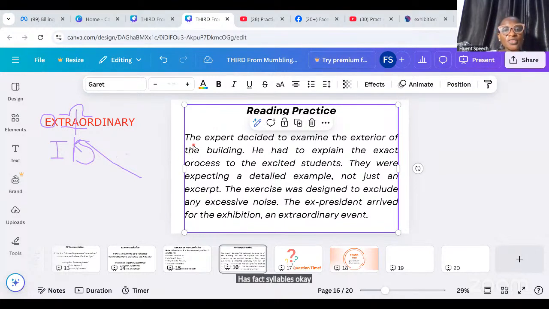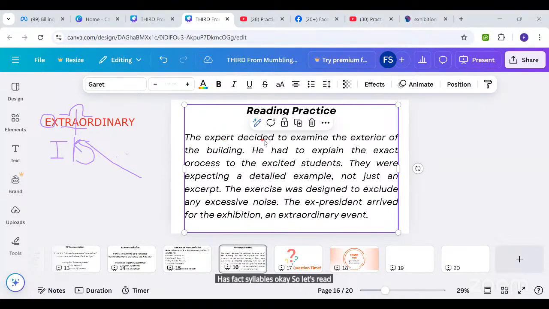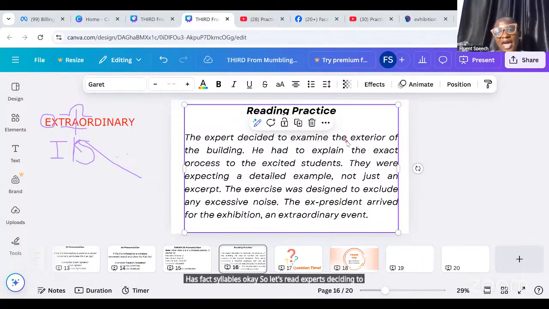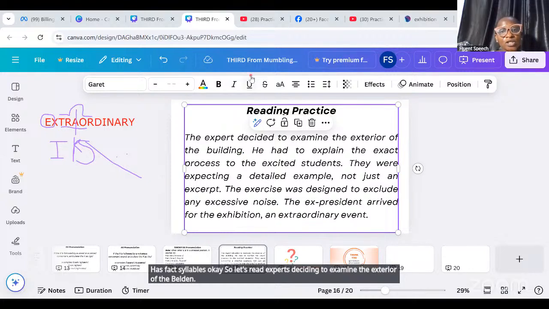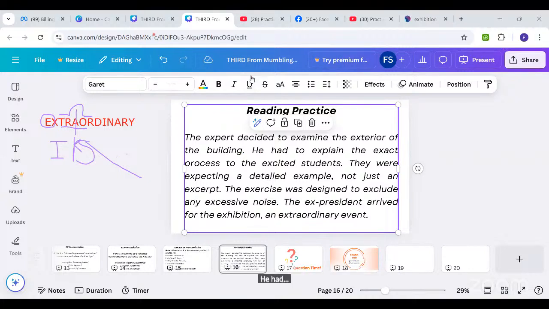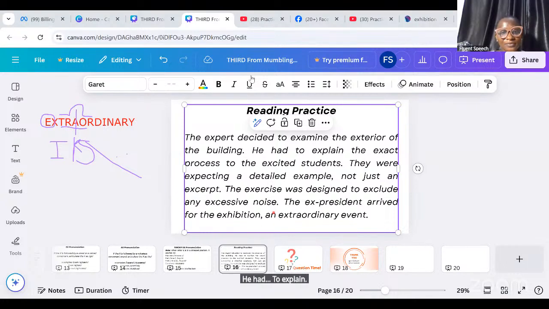So let's read. The experts decided to examine the exterior of the building. He had to explain the exact process to the excited students.